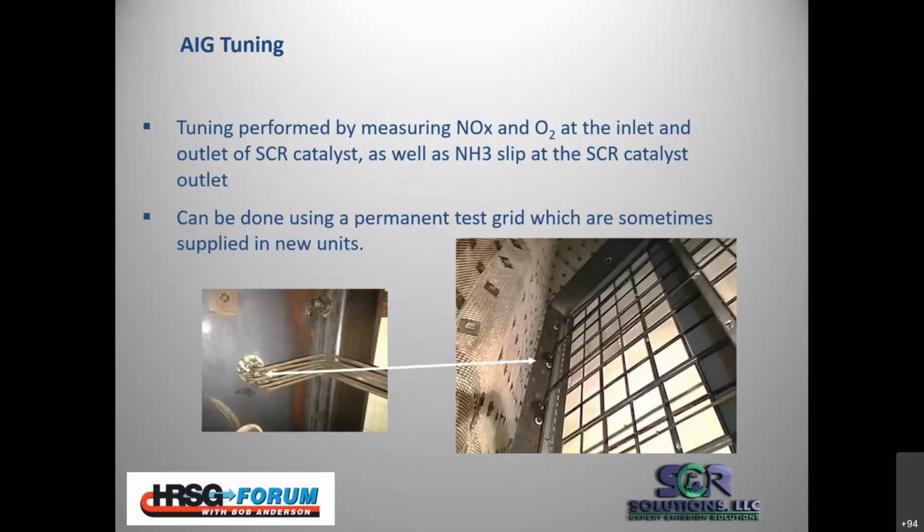So tuning: once you establish what the ammonia and NOx distribution is, you can tune it. There are a couple of standard methods for measuring NOx distribution. This one shows a stationary grid that would sit behind the catalyst bed.